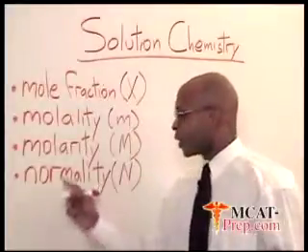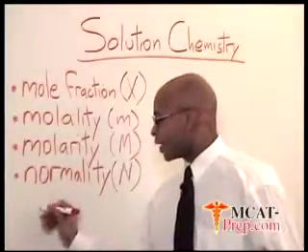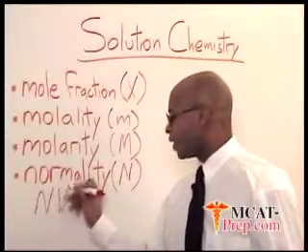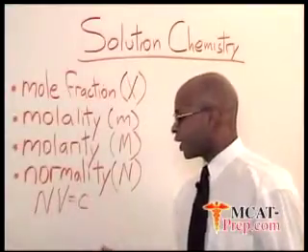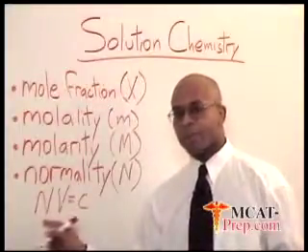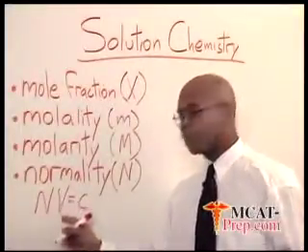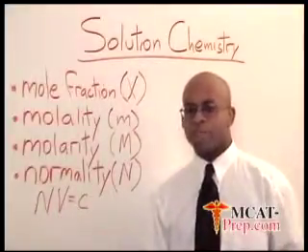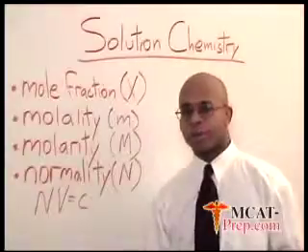First off, normality can be calculated using the equation NV is constant. That means the normality, number of equivalents of acid or base per liter of solution, times volume is a constant. That means that N1V1 is equal to N2V2.